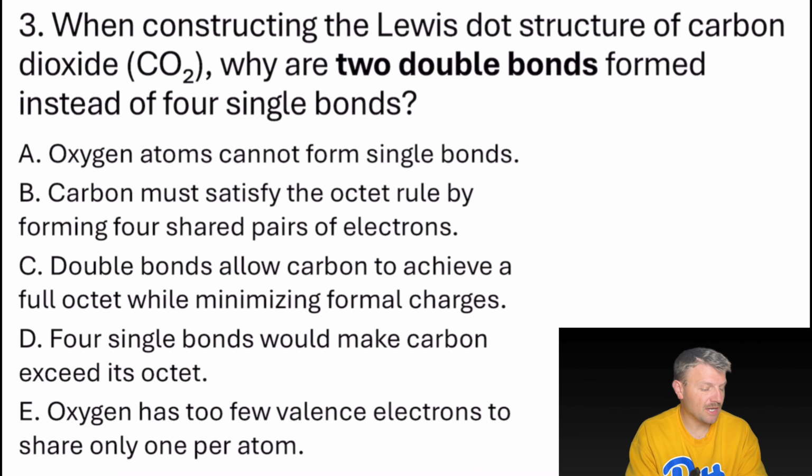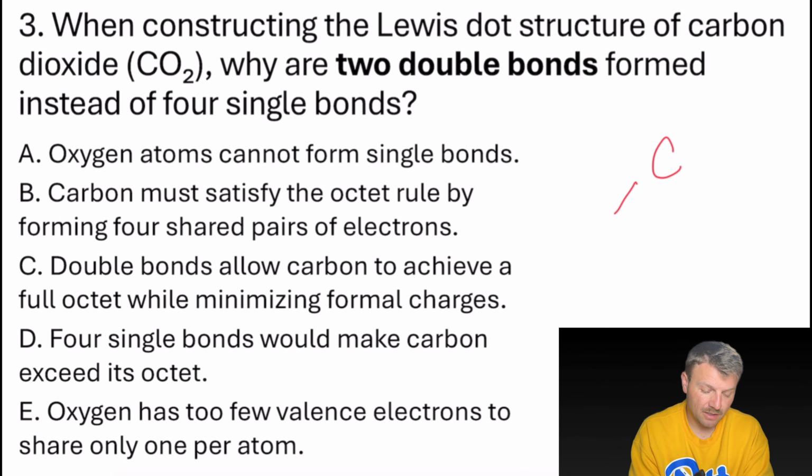Let's go over the last question now. When constructing the Lewis dot structure of carbon dioxide, CO2, why are 2 double bonds formed instead of 4 single bonds? So this question's asking, why are there 2 double bonds instead of 4 single bonds? Before I even look at the answers, I'm looking at carbon dioxide.